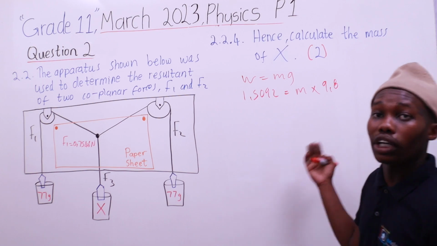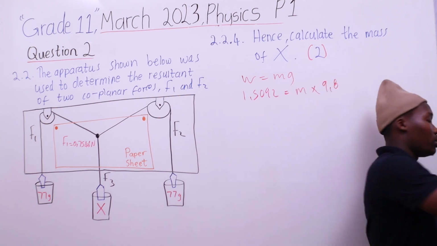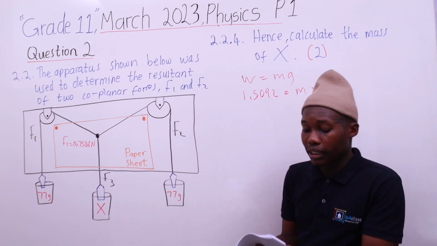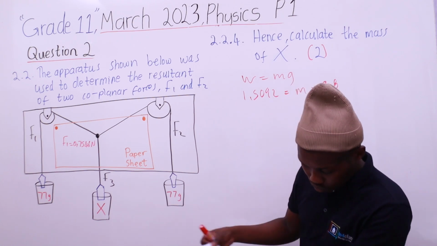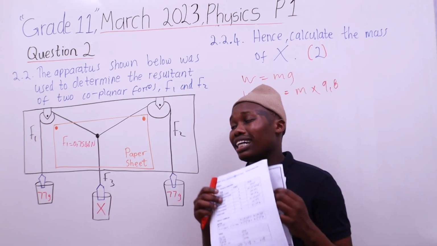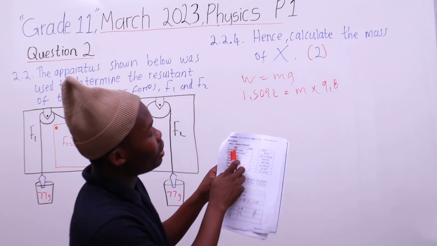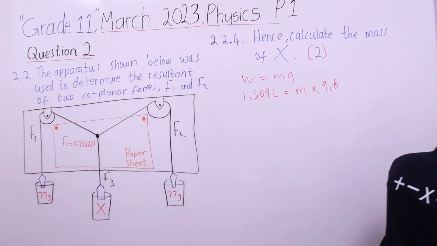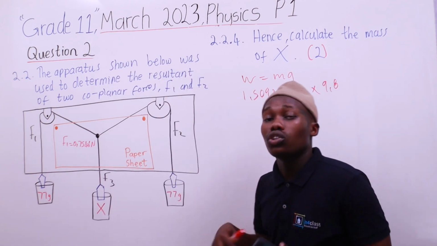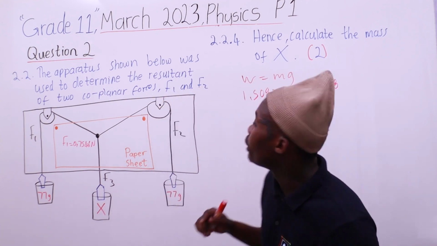Because this g you get from the data sheet at the back of our book, in our question paper, here at the end is the data sheet you use, because they told you that you can use it. So now acceleration due to gravity is 9.8. Sometimes they give you 9.81, which means on all your calculations just for that paper use that number.